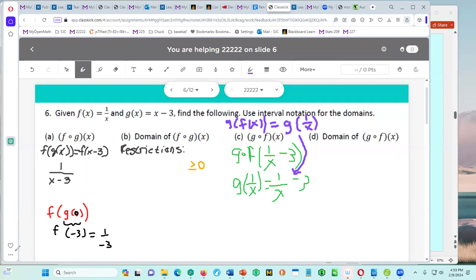Now, what about negative values? Can x be negative? It can be negative, right?